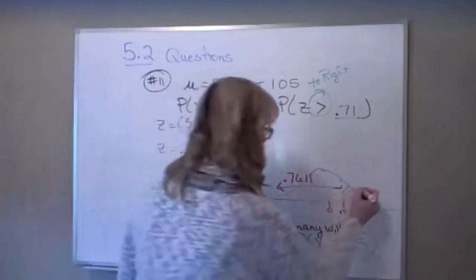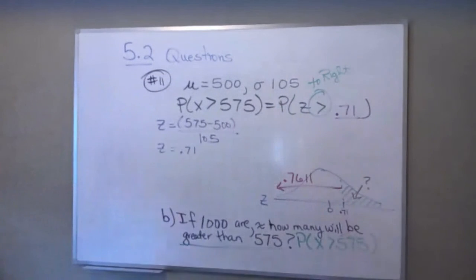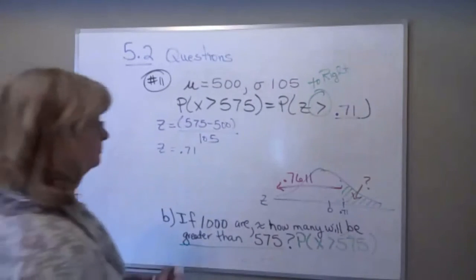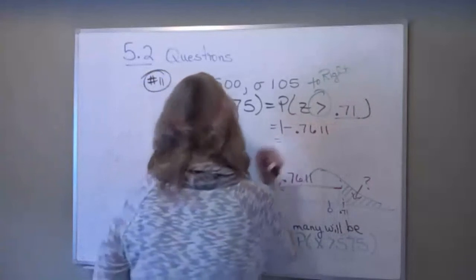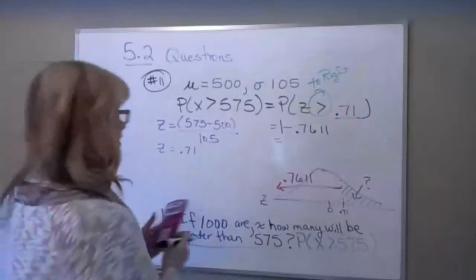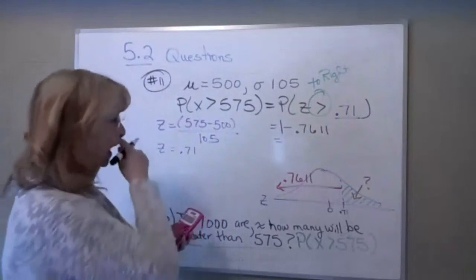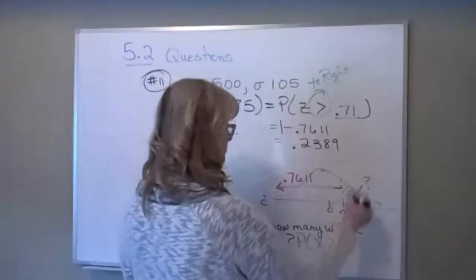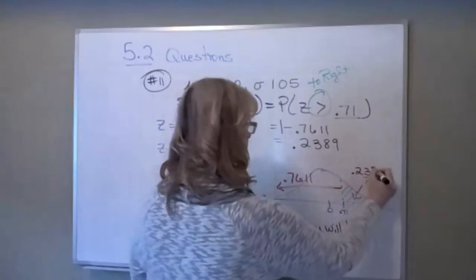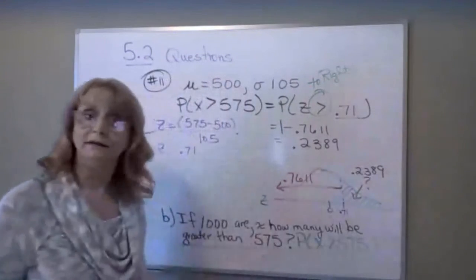Remember, this is my question here. That's the question. So how am I going to get that? Subtract it from 1. Right. And that's going to give me the area to the right. 0.2389. That's this area. Those two areas should add up to 1.